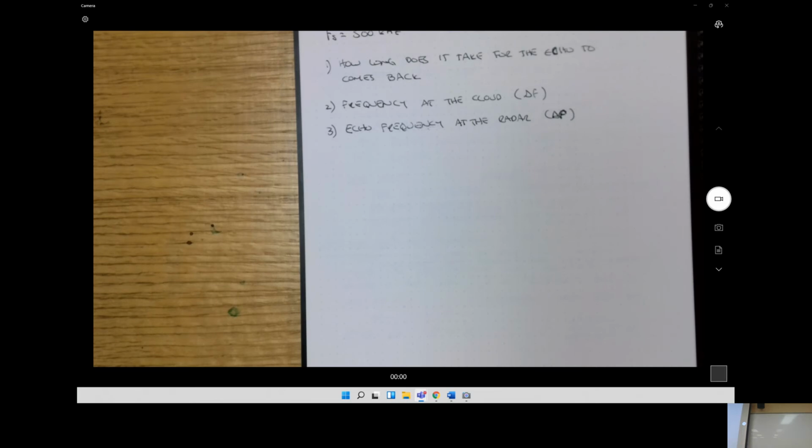Now, double check, because the source is the one that's moving. You could get that equation and solve it.